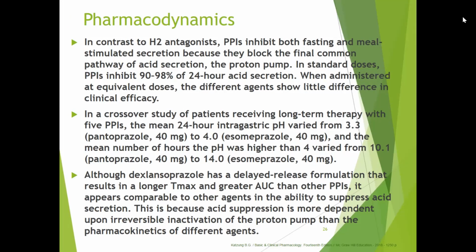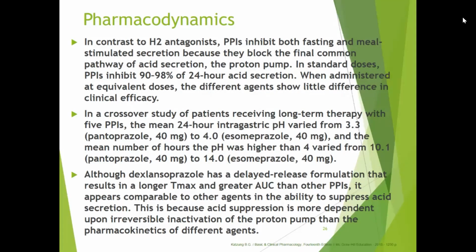Pharmacodynamics of these drugs is in contrast to the A2 antagonists. The proton pump inhibitors inhibit both fasting and meal-stimulated secretion because they block the final common pathway of acid secretion, the proton pump. In standard doses, proton pump inhibitors inhibit maybe 98 to 99% of 24-hour acid secretion.